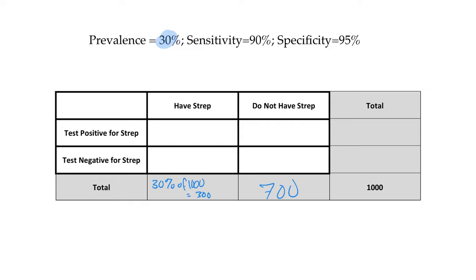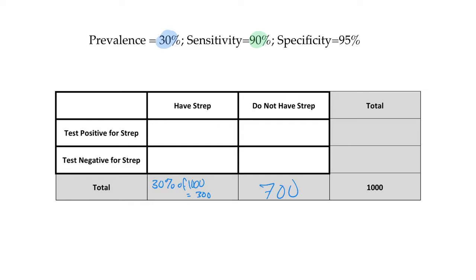Now, the next number we need to be concerned with is what's called the sensitivity. So this number tells us of those who have the disease, or in this case the flu, 90% of those will test positive. All right?